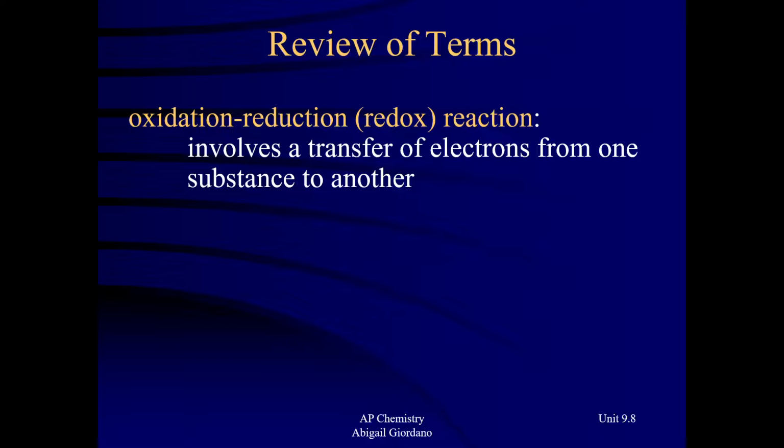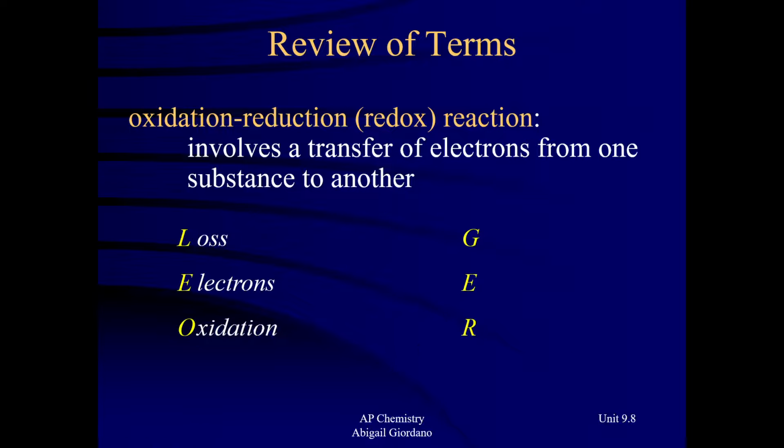Reduction and oxidation, what does that mean? We looked at this back in Unit 4, I believe, so it's been a little bit. And I gave you all a little mnemonic device to help you remember what oxidation and reduction mean. Leo the lion says GER, and of course these letters stand for something.